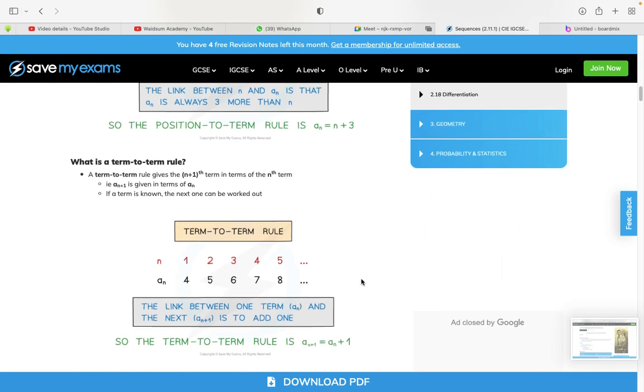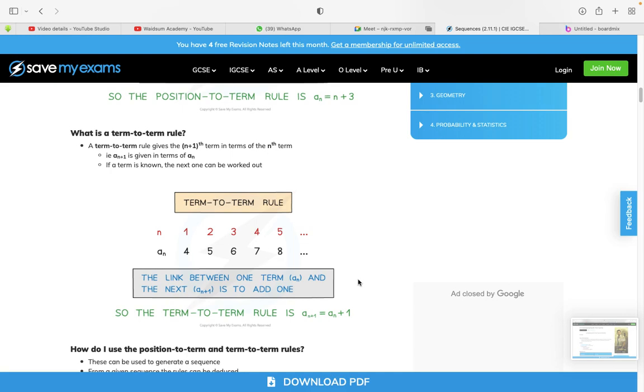Now let's take a look at the defining link between the term to term rule. Look at this n for position, this an for term, right? The link between the an and the next one is an plus 1. If you want to find the next one, you already have this one, so you add 1 because the common difference is 1.